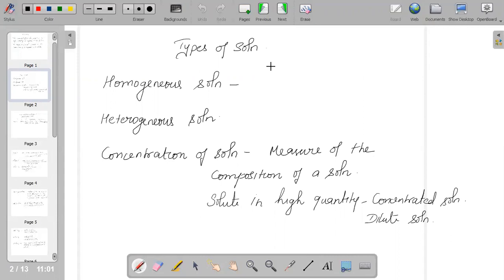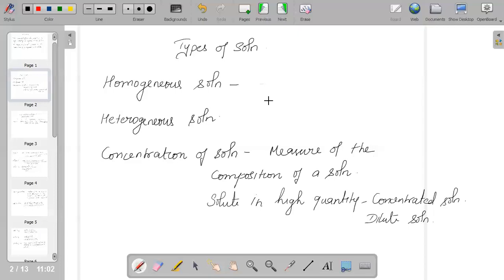If a solution has uniform composition and properties throughout, we say that it is a homogeneous solution. For example, a solution of salt or sugar in water, or simply a cup of coffee.